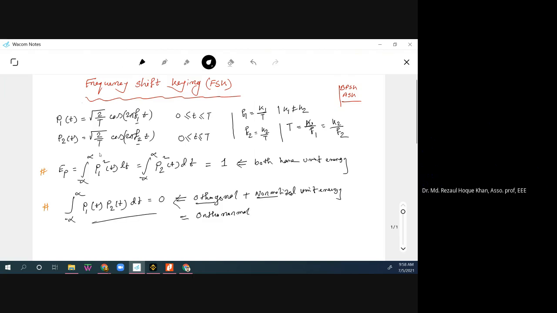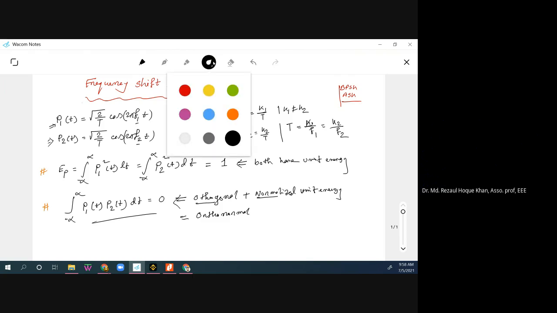So this is also an orthonormal condition, and the pulses P1 and P2 are orthonormal pulses.